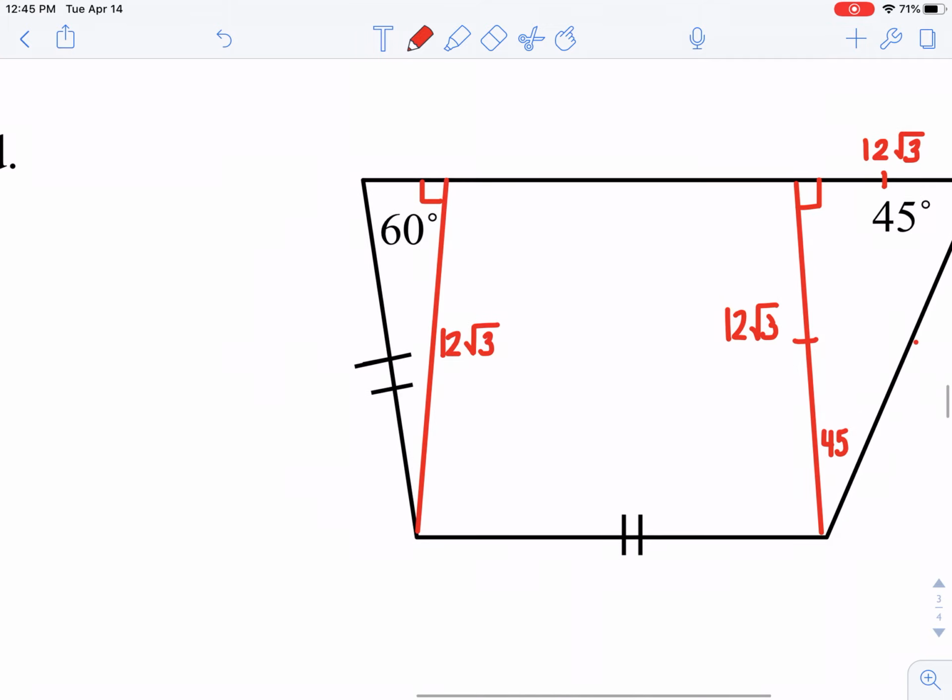All right, so looking at this triangle, we can see that it's going to be a 30, 60, 90 triangle.